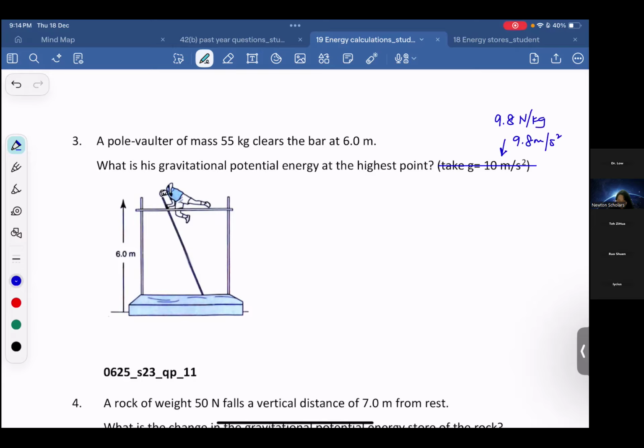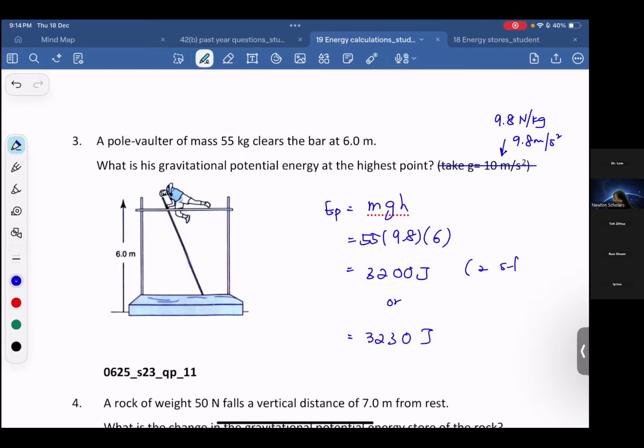Okay, so here, do your calculation. Crystal, we try to make it 2 to 3 significant figures. 3200. Okay. If 3 significant figures, it will be 3230 joule.